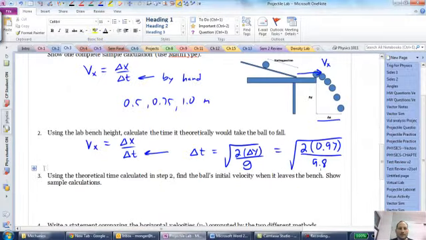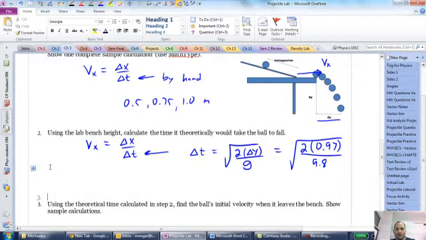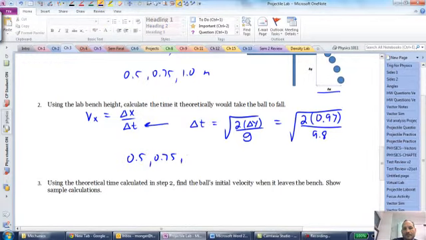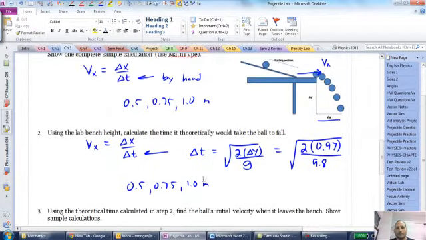For this, you're going to do the same thing. You have to determine the velocity for 0.5, 0.75, and 1.0 meters. Okay. Your delta x again comes from this delta x, not from the 0.5. That's the starting position.